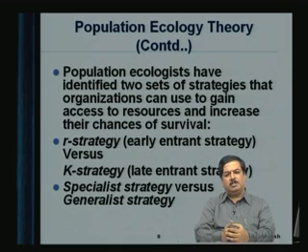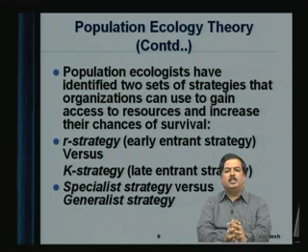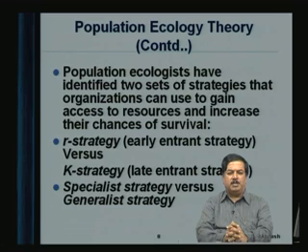If you are the first, you are more likely to survive. The other is a late entrant strategy, where you have the experience of the other players to draw on, and you can do the required piggybacking and things like that. Then there is the specialist strategy versus the generalist strategy in establishing the organization and ensuring its survival over a period of time.